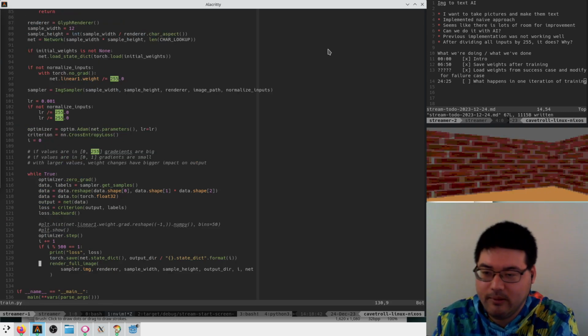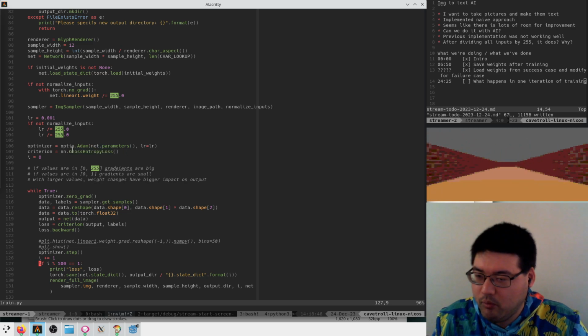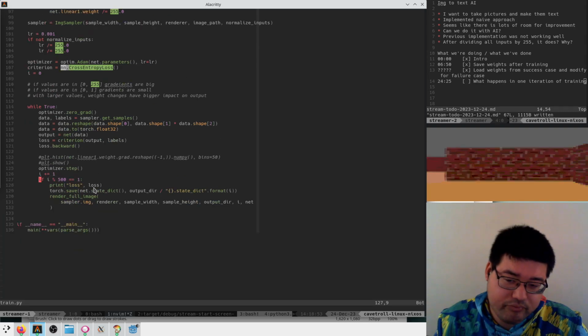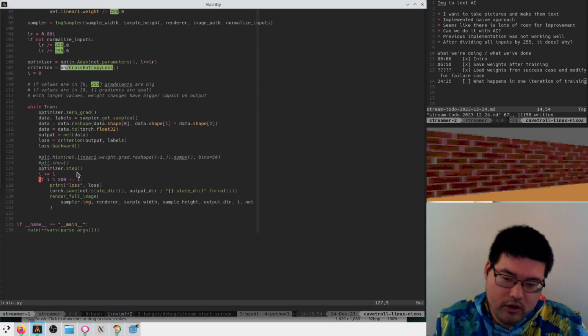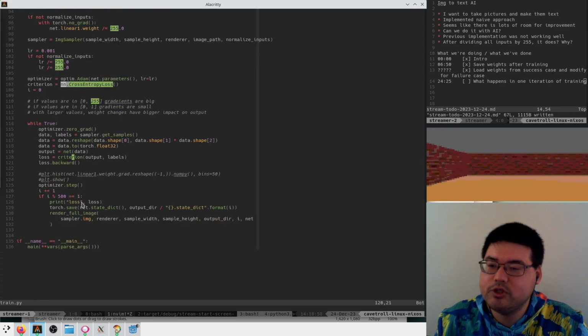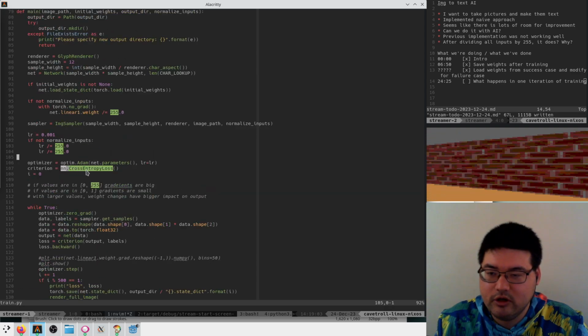Then we do a cross entropy loss, where the correct answer is defined by which index we returned. And I guess we should double check that our labels are being generated correctly in the non-normalized case.